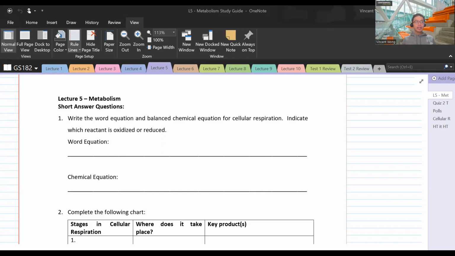So we will be doing lecture 5 today, and that's the last lecture that you're responsible for on test number 1. Test 1 is going to happen after next week. There will be no class next week because of engagement week, reading week. So you can take a bit of a break from school and just rest up a little bit.